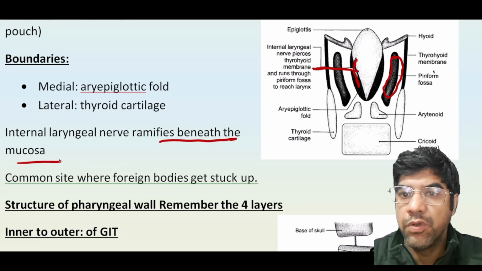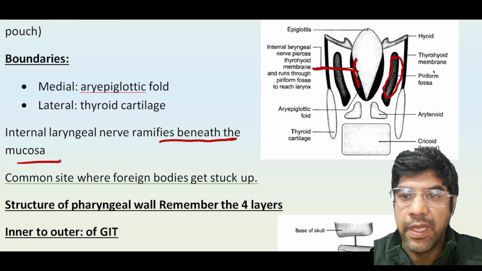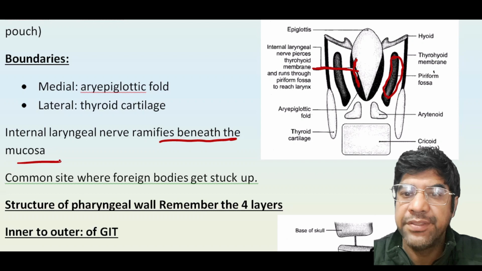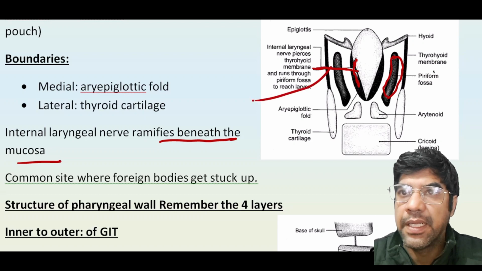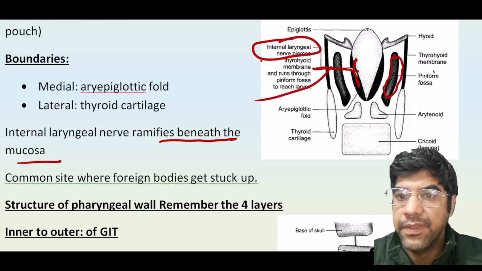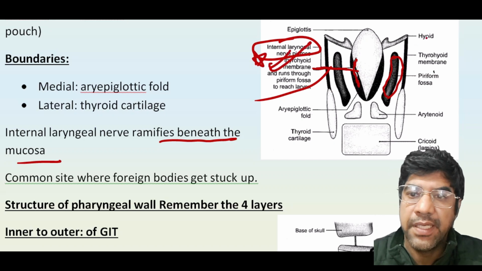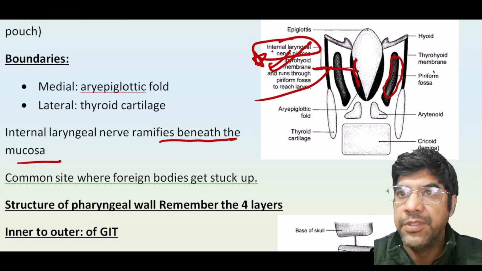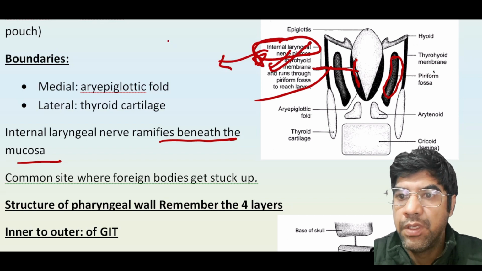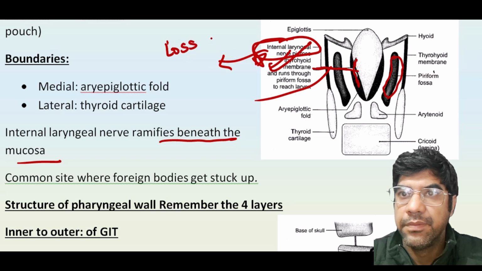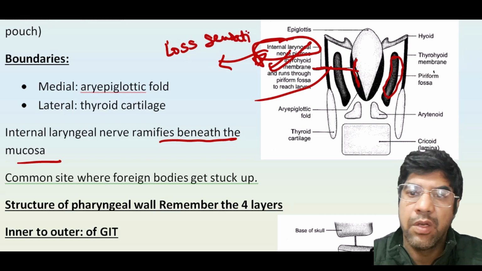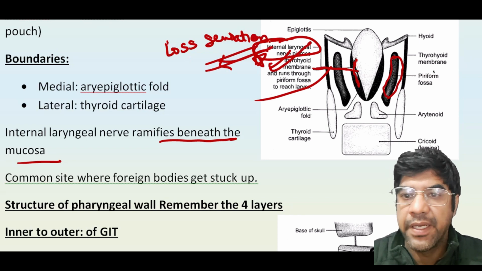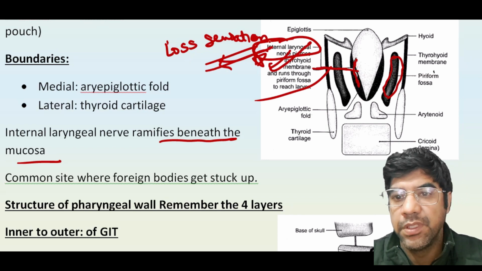So caution during foreign body removal. While removing foreign bodies from this piriform fossa, there is a risk of damaging the internal laryngeal nerve. Such damage can lead to loss of sensation in the supraglottic part of the larynx, affecting the upper portion of the voice box.